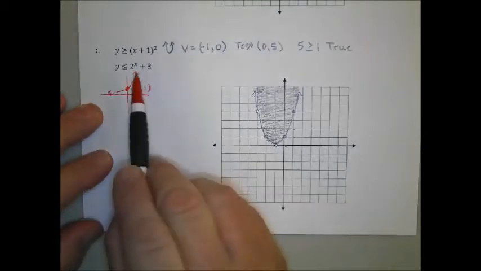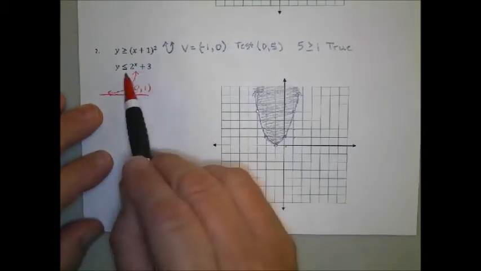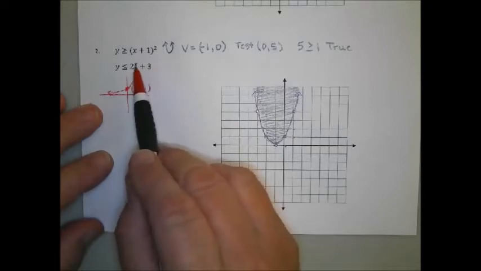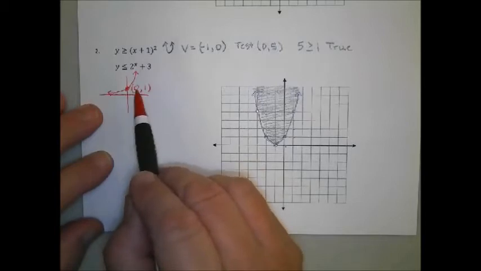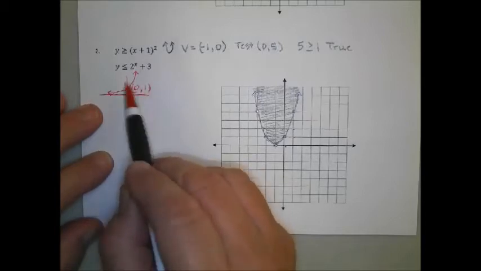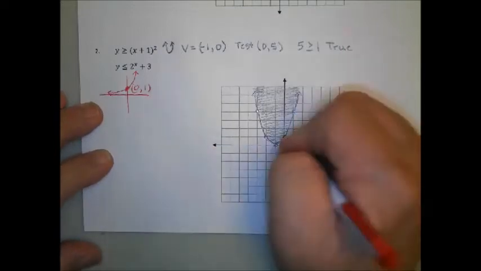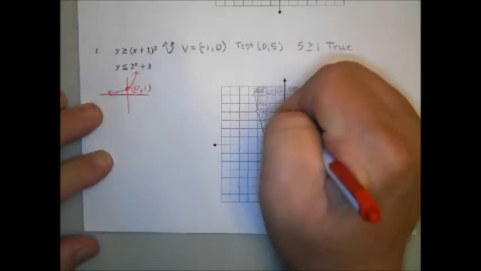But something's happening to this equation or inequality. It's being shifted up 3. There's no left or right shift because there's nothing happening to the x. But there is an up 3 shift. So the key point, which used to be at 0, 1, would go up 3, and it would now be at 0, 4. So there's the key point.